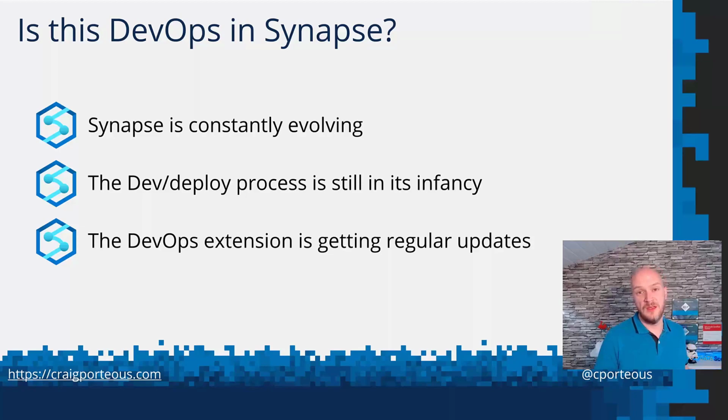It's where the complexity comes in when you're deploying the actual content within your workspaces, and that's where all the caveats and potential pitfalls come into play. But this deployment process is still in its infancy, and the component that I'll cover in the other talk is the DevOps extension. It's currently getting regular updates, although there are some bugs in it at the moment.